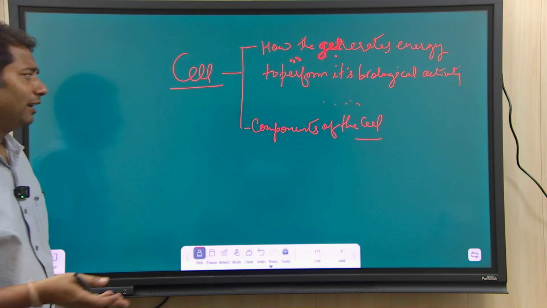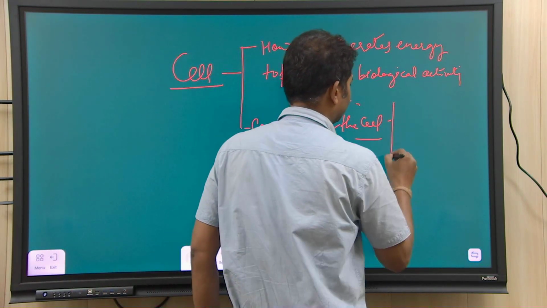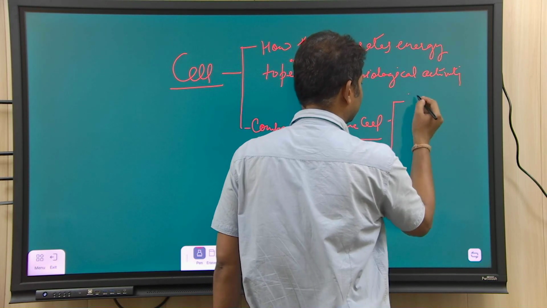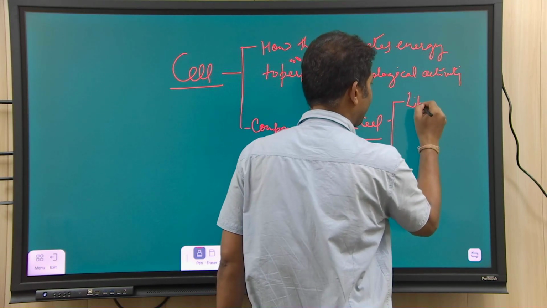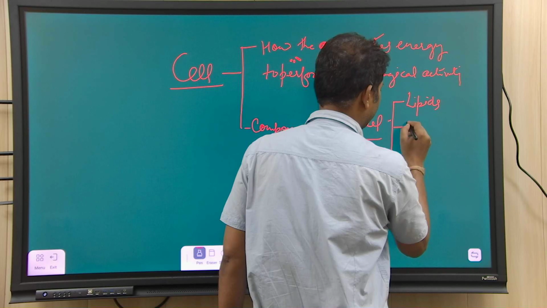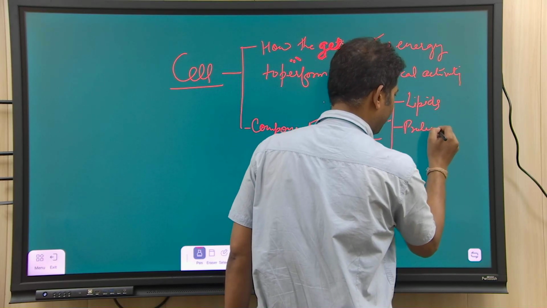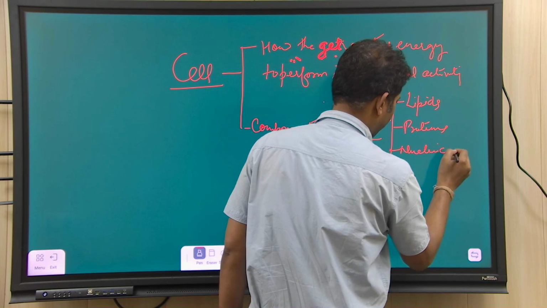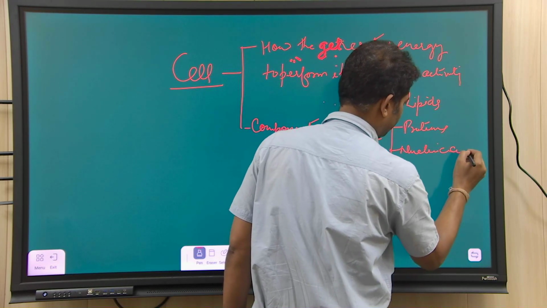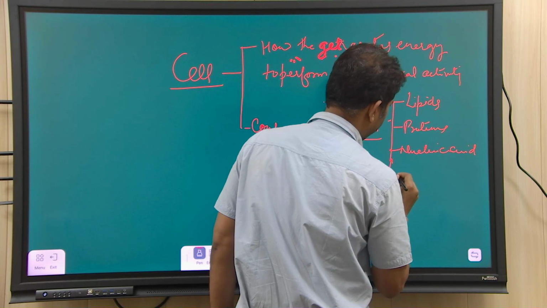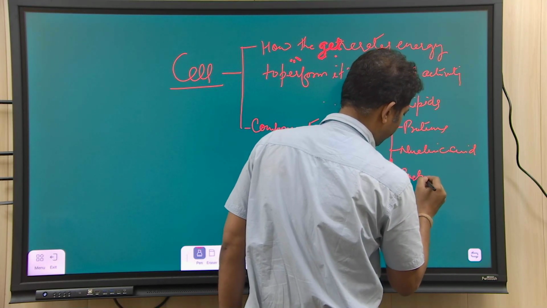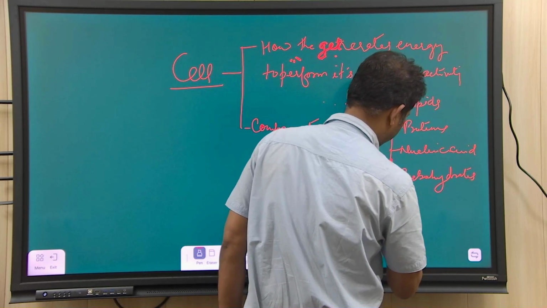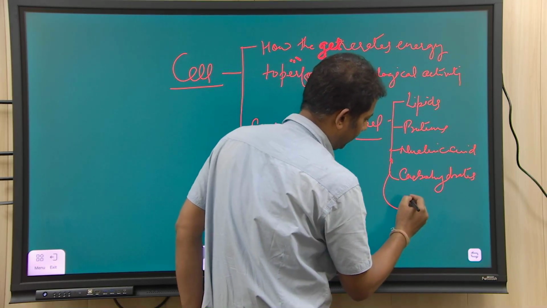In the components of the cell, which we will discuss later, there are 5 components. We named them biomolecules. These biomolecules are lipids, proteins, nucleic acid, carbohydrates, and water.